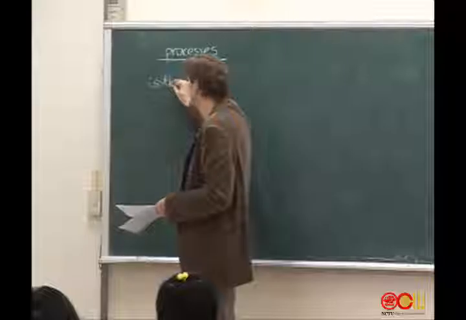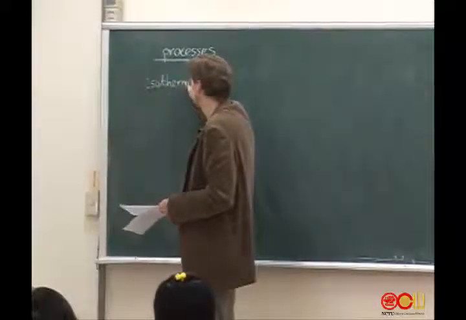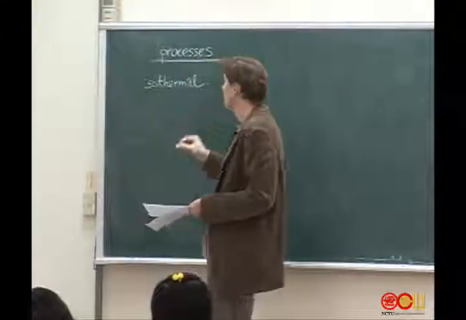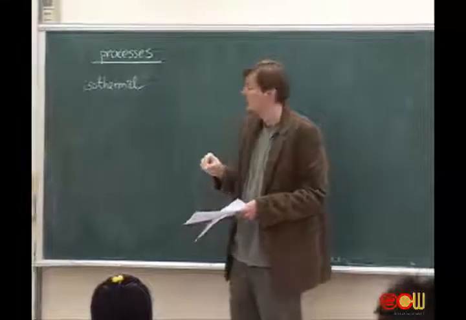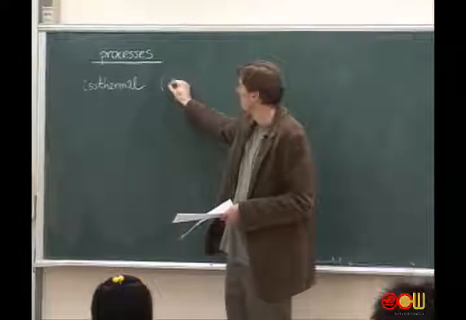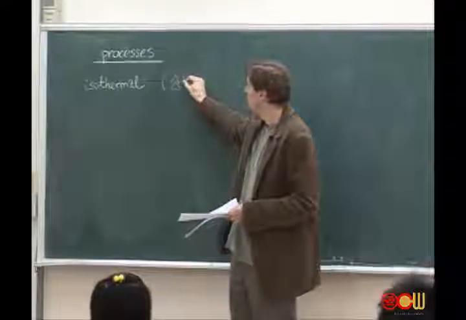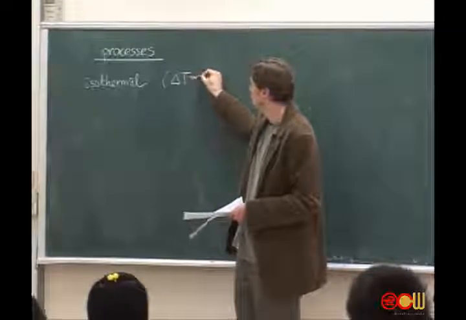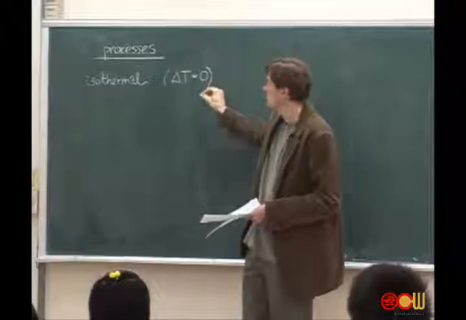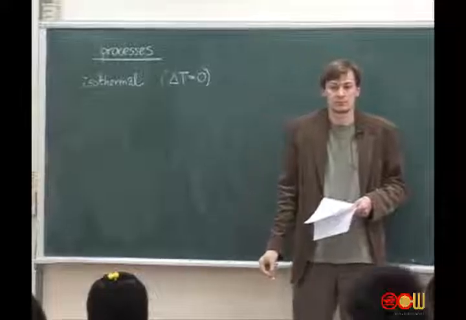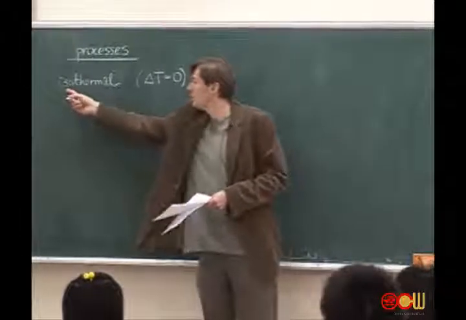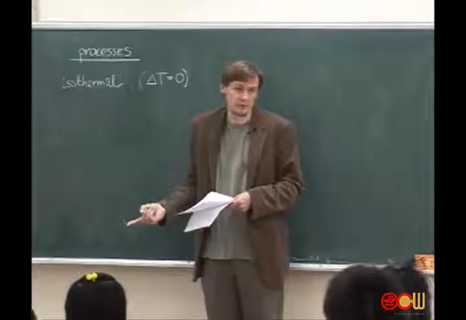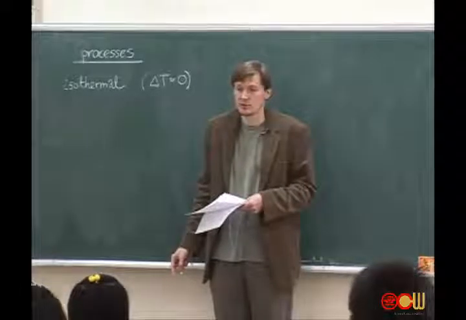So we are going to have isothermal processes. Isothermal means a process when the temperature before and after is the same. So a process at constant temperature. Iso means the same, thermal temperature, the same temperature.